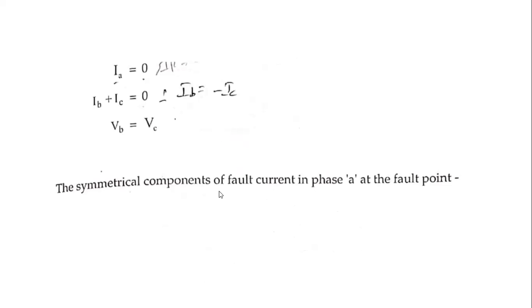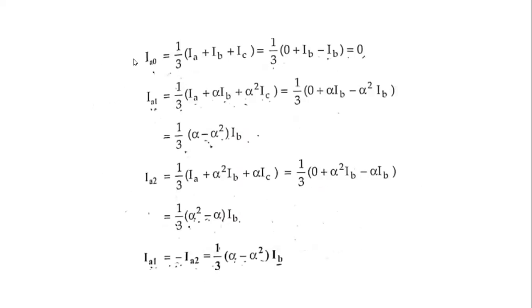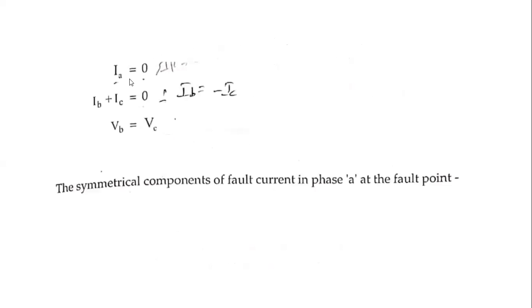Therefore, the symmetrical components of fault current in phase A. What is the formula for zero sequence current? IA0 is equal to 1/3 into IA plus IB plus IC. What is the IA value?